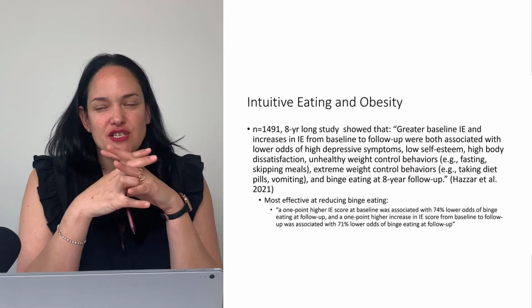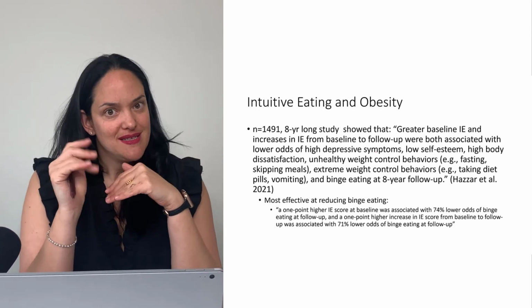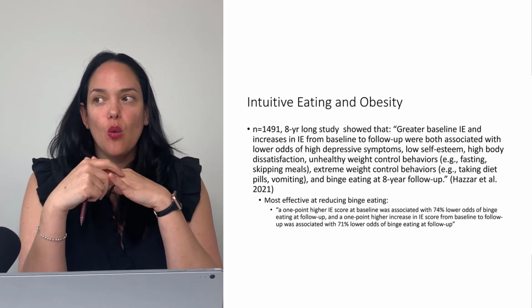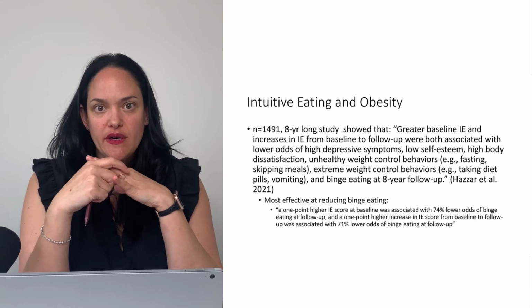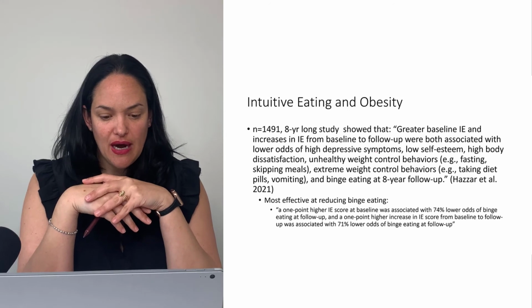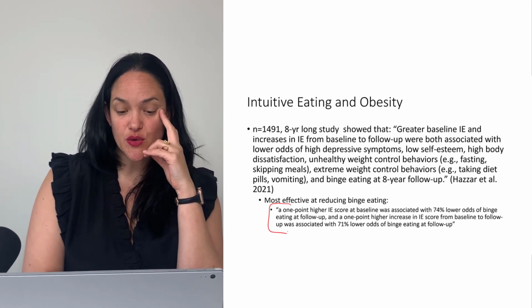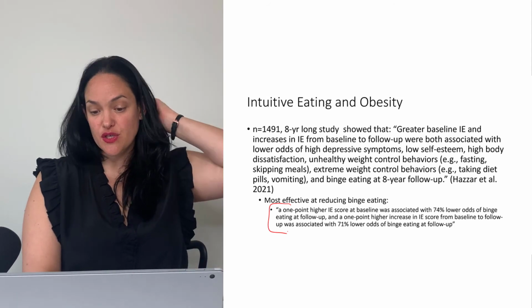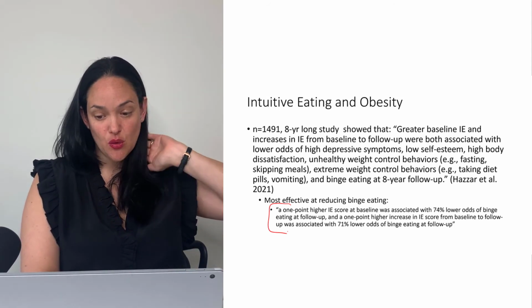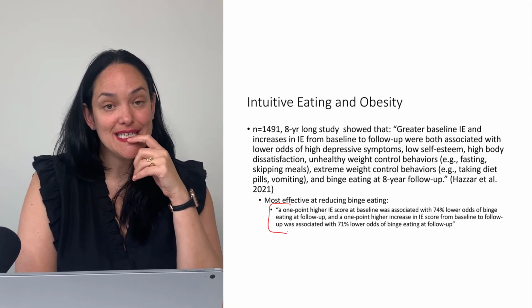Intuitive eating, like I mentioned, is not great for weight loss. That's not its goal. Its goal is about making peace with food. What it tends to be really good for is helping individuals with binge eating disorder. As it says right here, a 1 point higher intuitive eating score at baseline was associated with 74% lower odds of binge eating in this pretty large 8-year study.